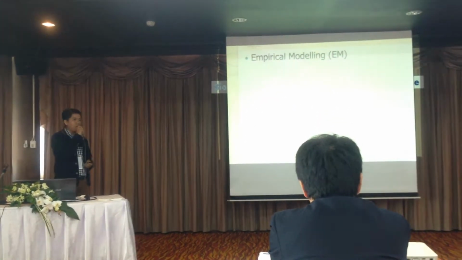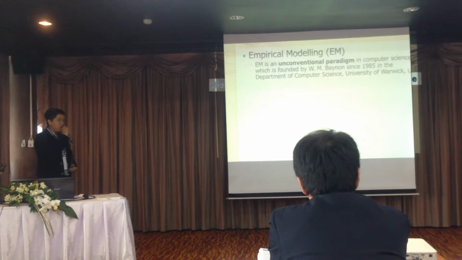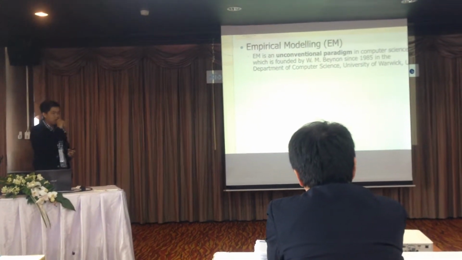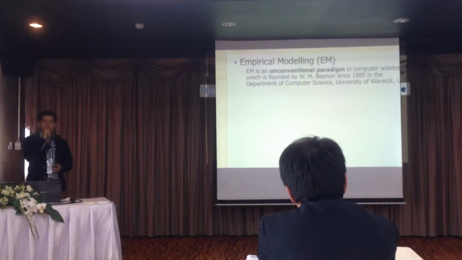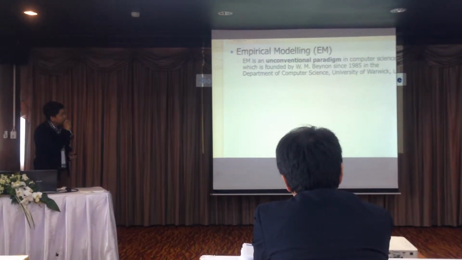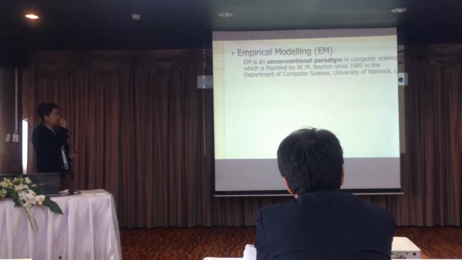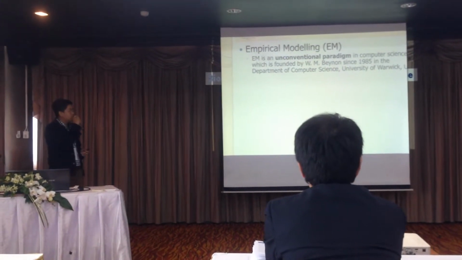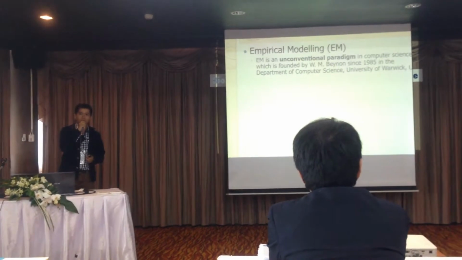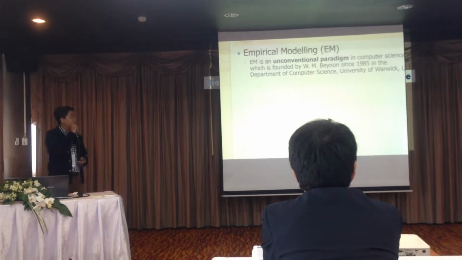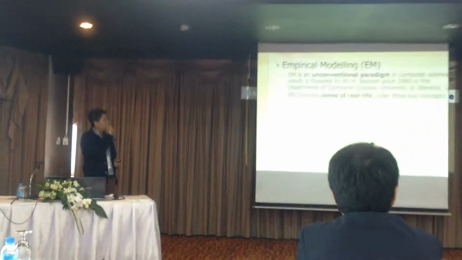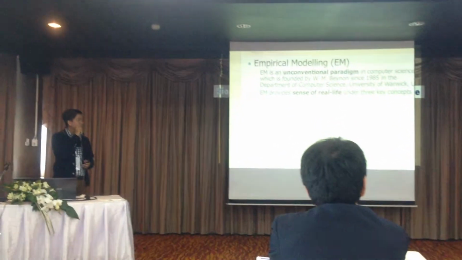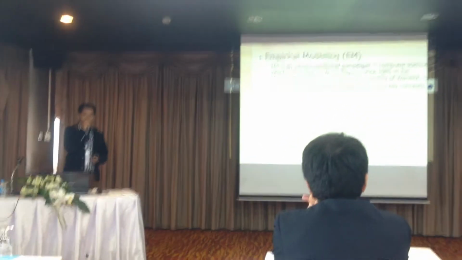What is empirical modeling? Empirical modeling is an unconventional paradigm in computer science, which was founded by Mr. Beynon in 1985 in the Department of Computer Science, University of Warwick in the UK. Actually, EM provides a sense of real life under three key concepts.